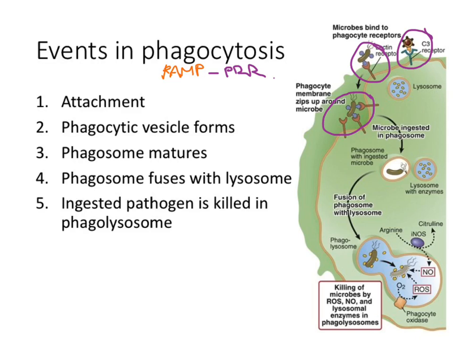So in this case, what we have is a couple of events. One, this binding encourages the macrophage to basically take its cell membrane and start to change the shape of it and envelop or wrap itself around that pathogen. And in doing so, it eats it and brings that to the inside of the cell.